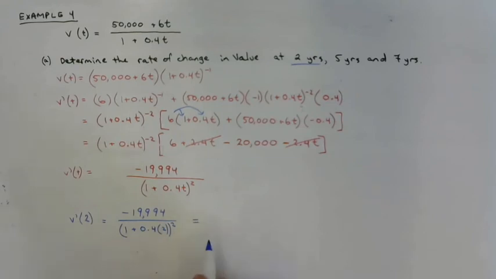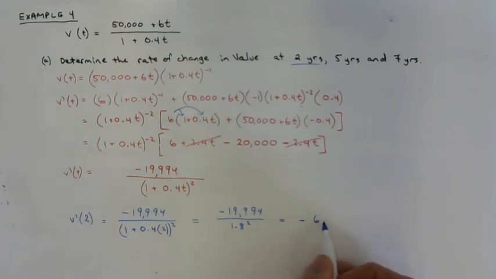I'm going to work across even though it's illegal. Over 1 plus 0.8, that's 1.8 squared. I would put that into the calculator, and you would end up with negative 6,170.99. So at the second year, the car is depreciating at a rate of about $6,000 per year.